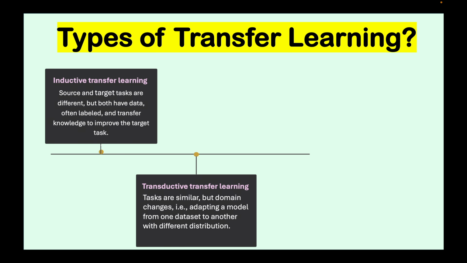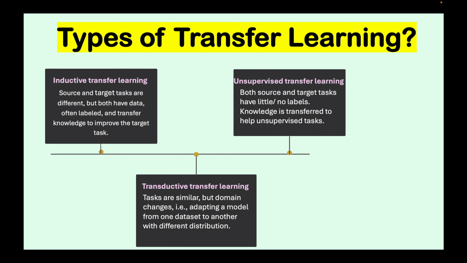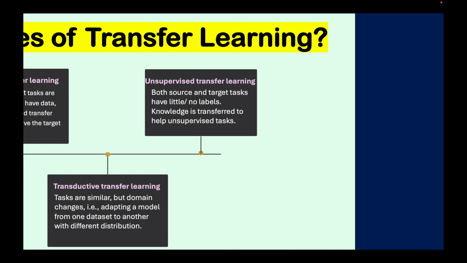Here, the tasks are similar, but the domain changes, such as adapting a model from one dataset to another with a different distribution. For example, adapting a model from a cats and dogs dataset to a wild animal dataset. Next is unsupervised transfer learning. Here both source and target tasks have little or no labels. The knowledge is transferred to help unsupervised tasks like clustering or representation learning. For example, feature learning. So these are the types of transfer learning.